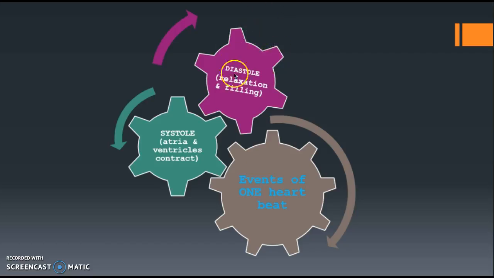The diastole means the relaxation phase of the heart, and there is no muscle contraction in the ventricles or in the atria. During this relaxation stage, blood fills the chambers. So during the atrial diastole, blood will fill the atria, and during the ventricular diastole, blood will fill the ventricles.